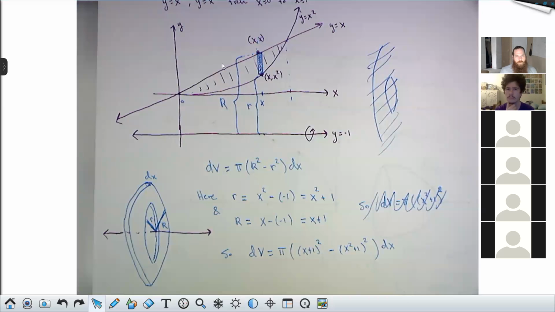Remember when we first drew in this curve, we labeled that point as x comma x because we're along the line y equals x. Same way we labeled the point on the parabola x comma x squared because we're along the curve y equals x squared. So the y value at this point is x. The y value at this point is -1. So when I subtract those values, x minus -1, I get x plus 1.